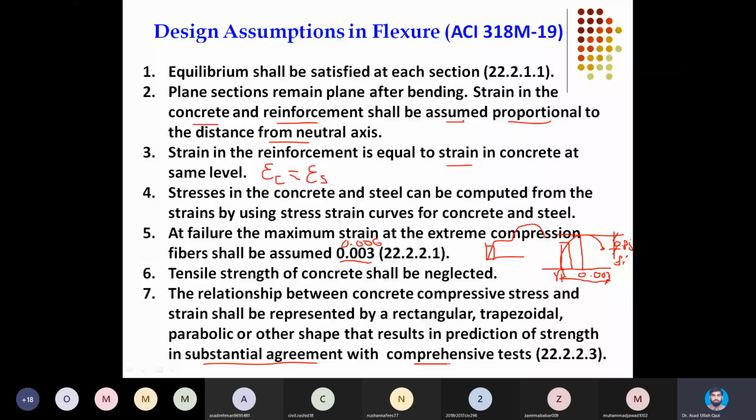This is one permission given by ACI: instead of the actual stress strain, you can replace it with an equivalent stress strain of rectangular, trapezoidal, parabolic or any other shape, if the prediction is in good agreement with the actual and you have comprehensive test results in your support.